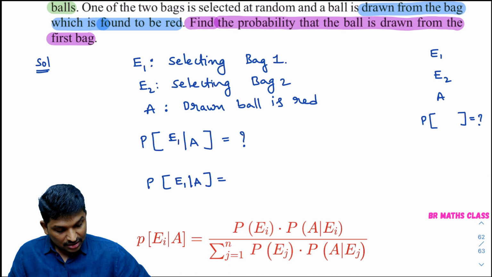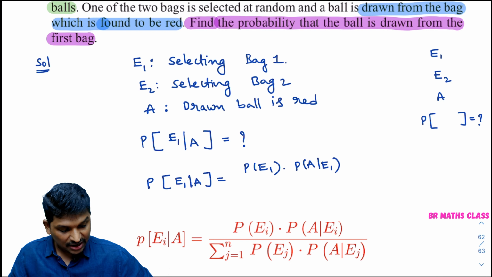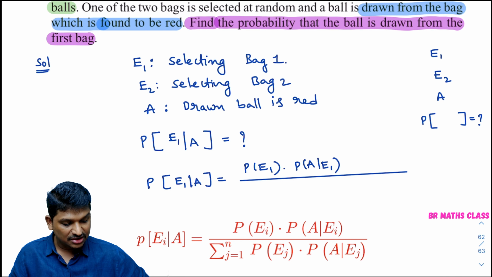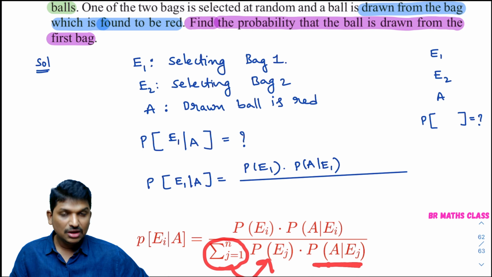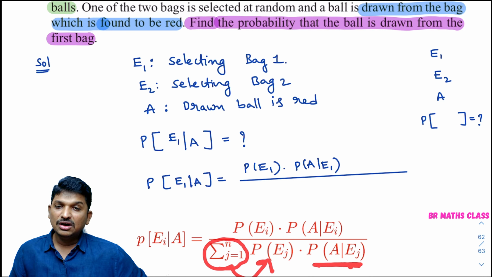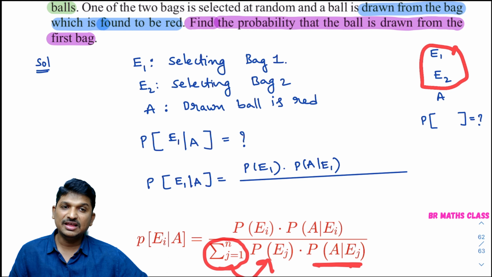Numerator, you observe: probability of E1 into probability of A by E1. See, where i is there I have written 1. Whole divided by the denominator: summation j equal to 1 to n of P of Ej into probability of A by Ej. Here j is 1 to n. Up to what number you need to take depends upon how many Ei's are there.